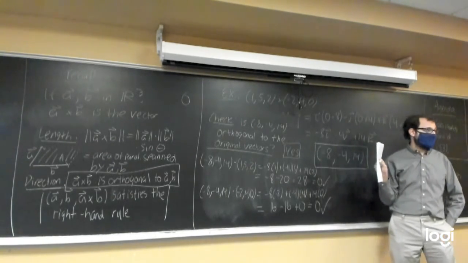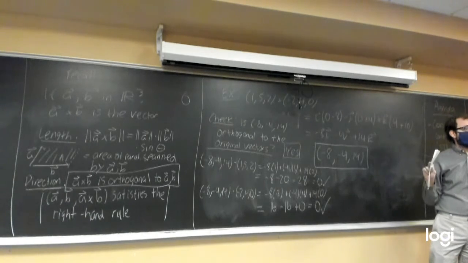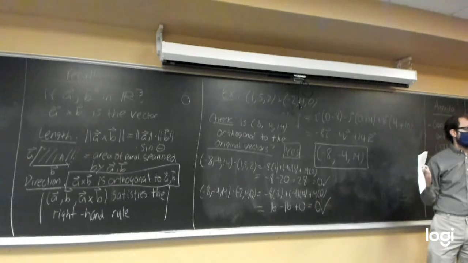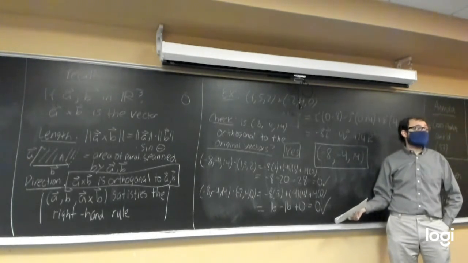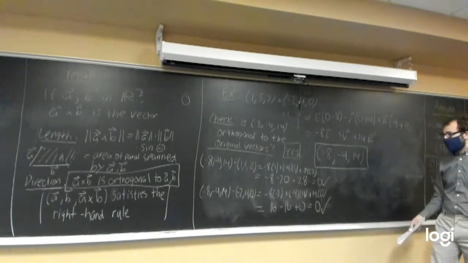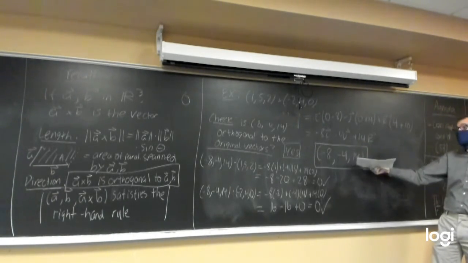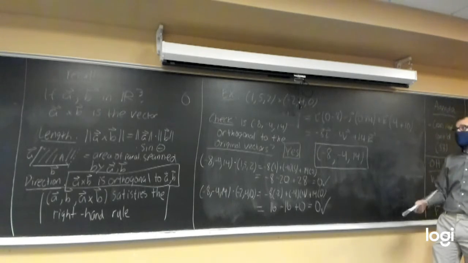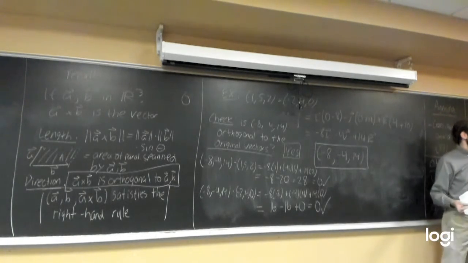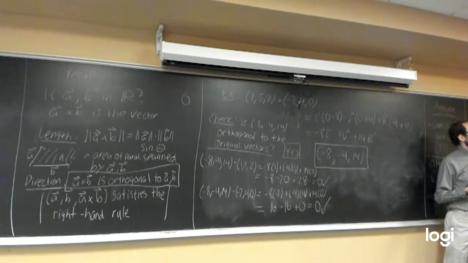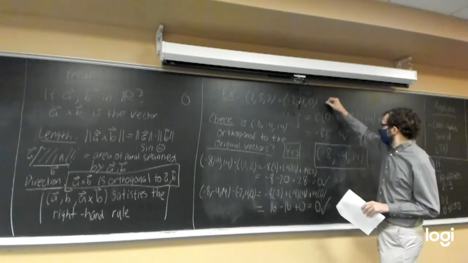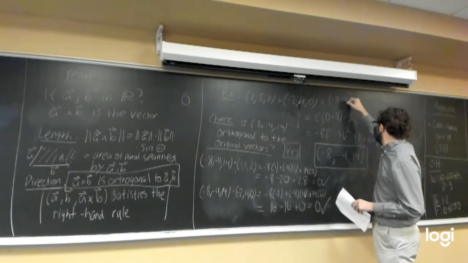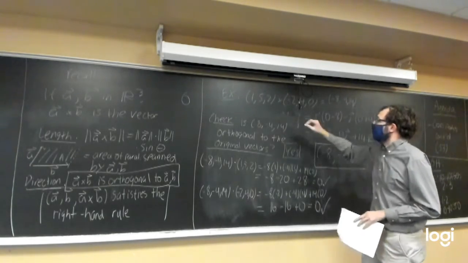We don't know for sure because it could be correct direction but wrong length, or it could be correct length but pointing in the opposite direction, because the negative of this would still be orthogonal to 1, 5, 2 and -2, 4, 0. But this is a sign that we probably didn't make any algebra mistakes along the way. So this does come out to -8, -4, 14.